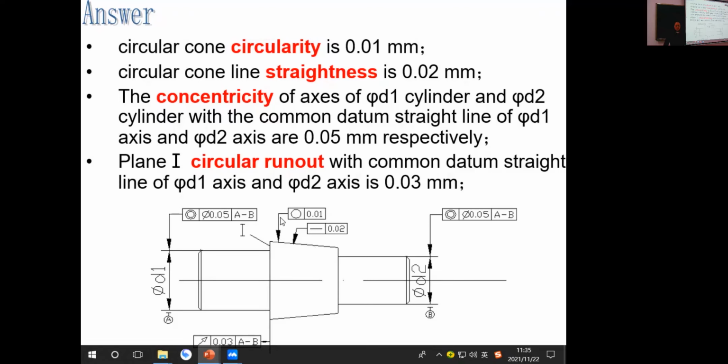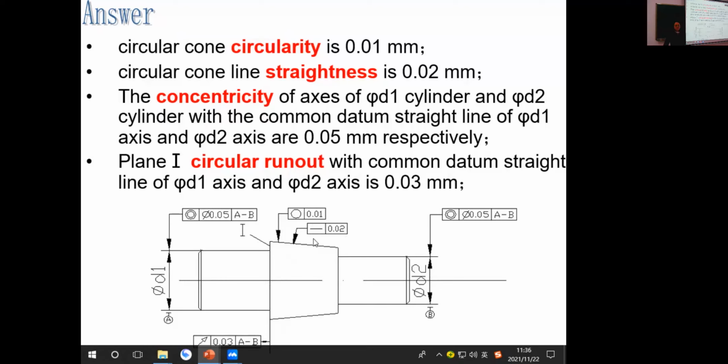The circle is shown perpendicular to the axis, so the circularity is 0.01. And the straightness, it means the straightness of the circular cone, this one. So the line is 0.02.